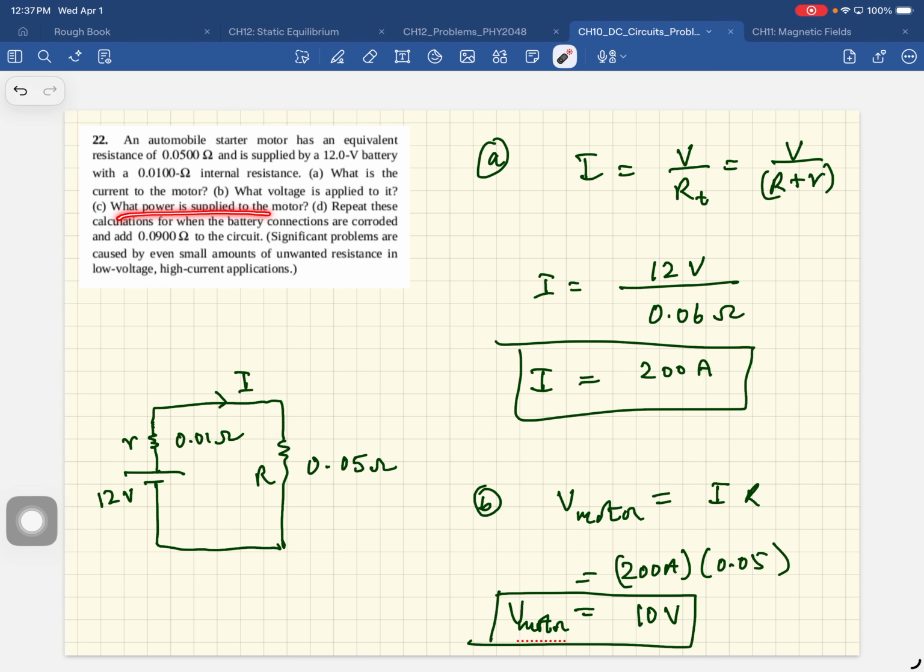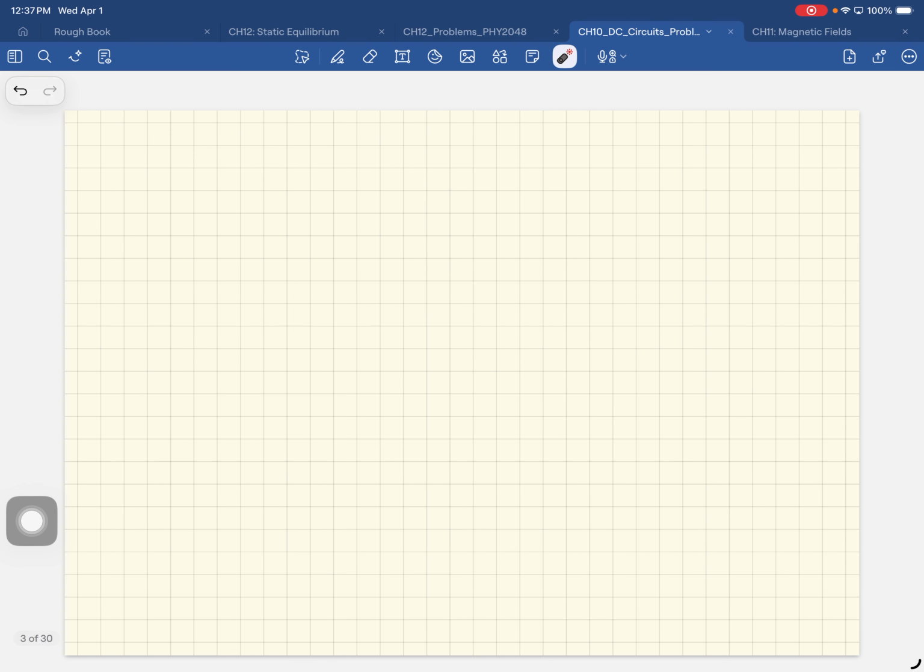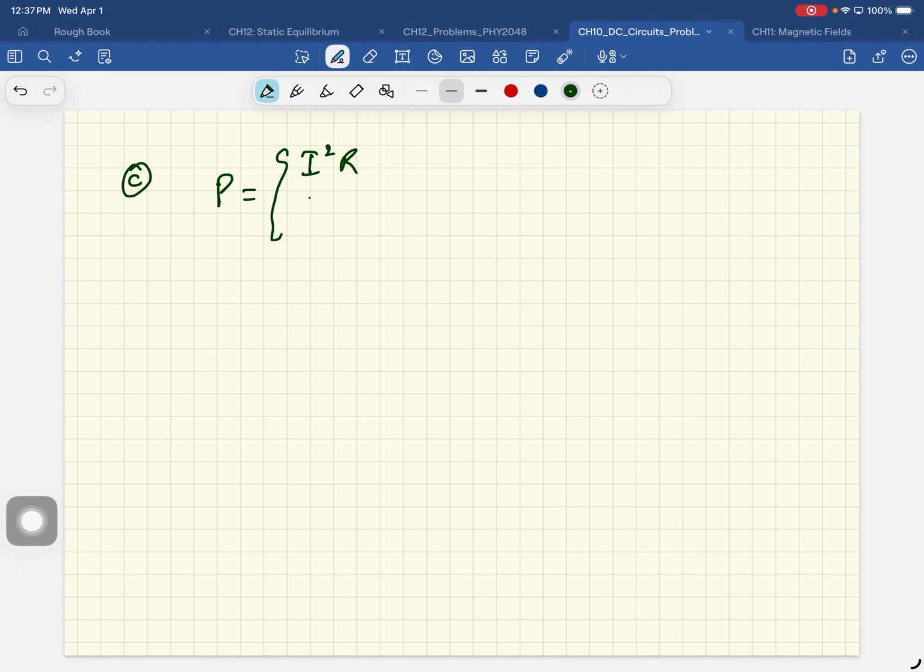Then part C asks you what power is supplied to the motor. You can use one of three formulas: current in the motor times the resistance of the motor, voltage in the motor times the current to the motor, or this. We'll use current squared times the resistance of the motor.